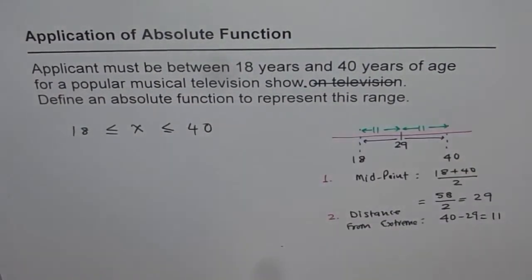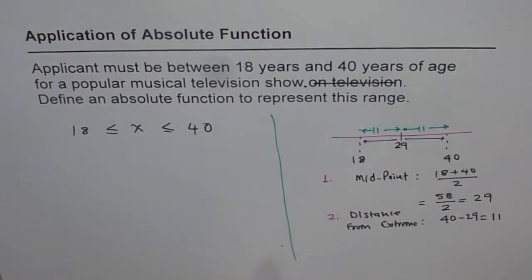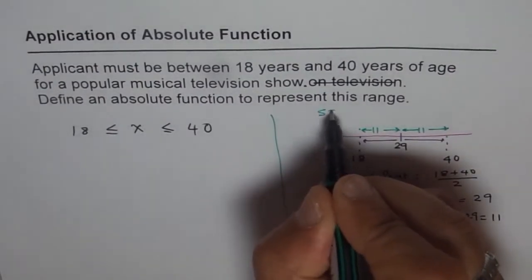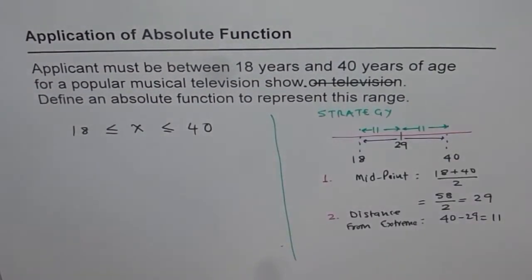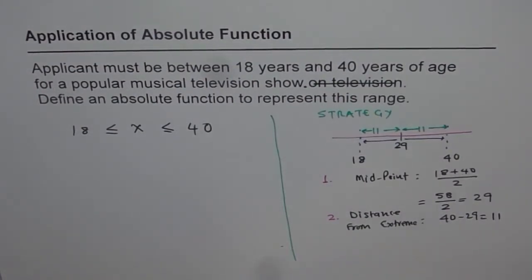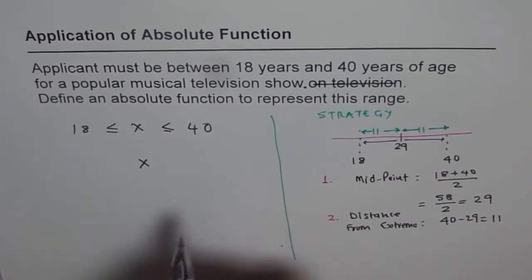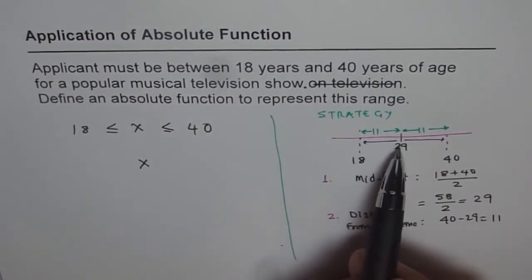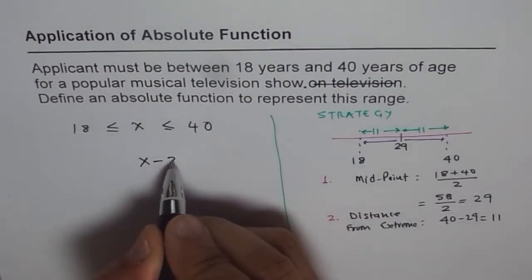Do you understand? So that is the strategy which helps us to solve this kind of problem. Now we can write down our absolute function. The value of x should first be shifted to 29, so once we shift it to 29, it is x minus 29.